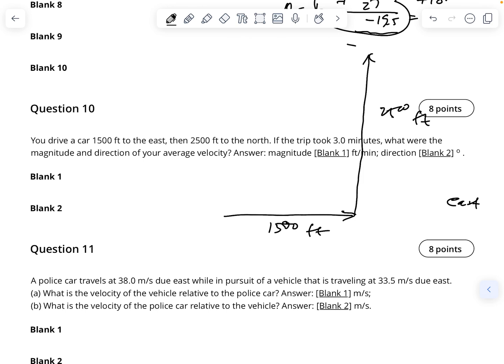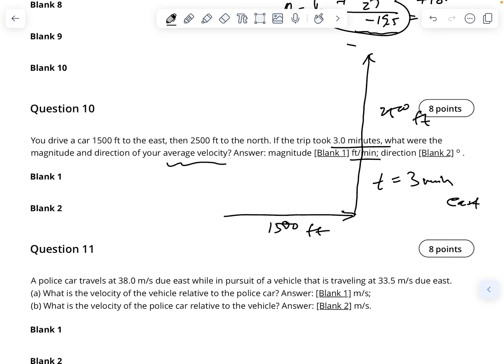If the trip took 3.0 minutes, what was the magnitude and direction of your average velocity? The units here are feet per minute, and the total time is 3 minutes.